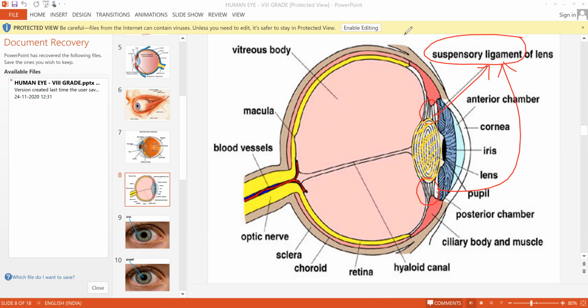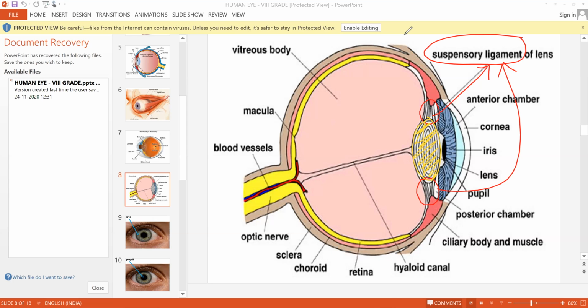Okay, so what is the function of the ciliary body? It secretes the aqueous humor. What is meant by aqueous humor, you can write it down. So the function of the ciliary body is it secretes aqueous humor. Aqueous humor is a kind of transparent watery fluid.